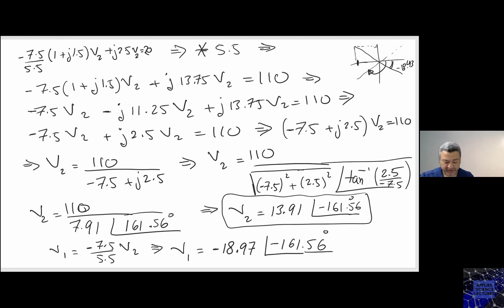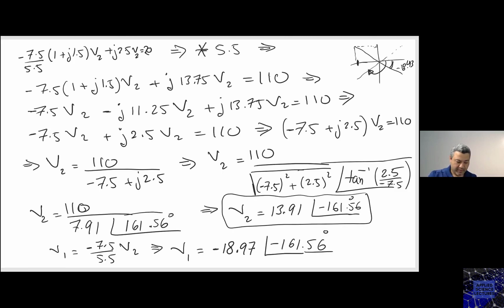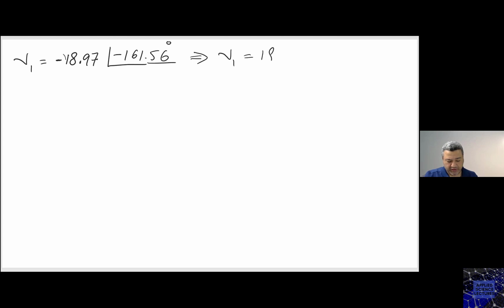So this minus will be translated into 180 degrees: 18.97, 180 minus 161.